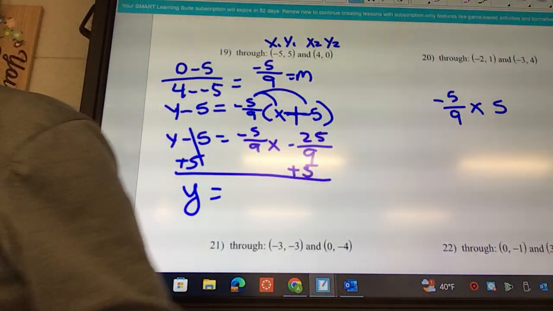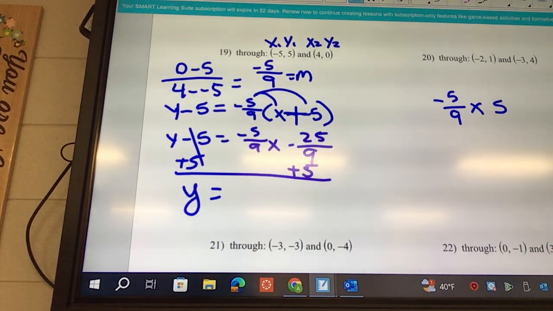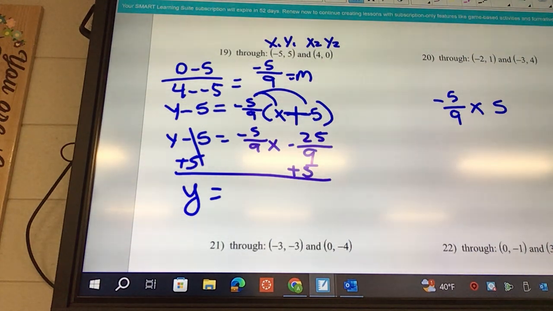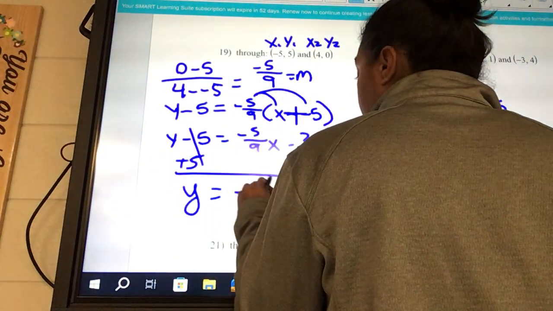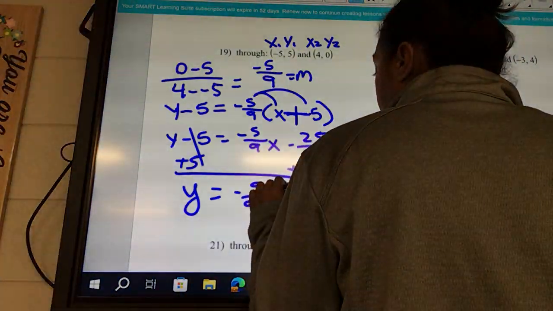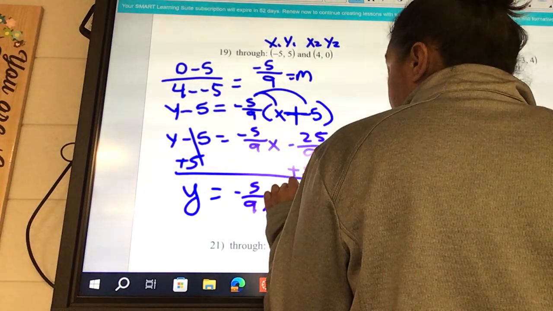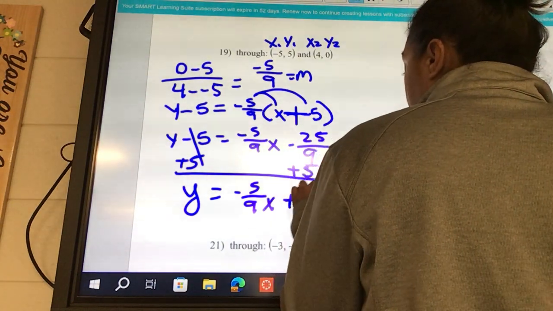You're gonna say negative 25 over 9, and then hit the over arrow and say plus 5. And what'd you guys get? 20 over 9? Somebody agree with that? Positive? Yeah. Okay.